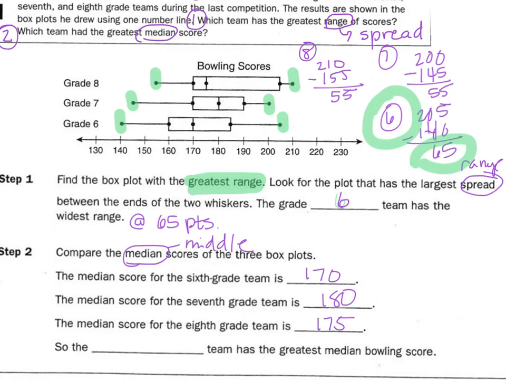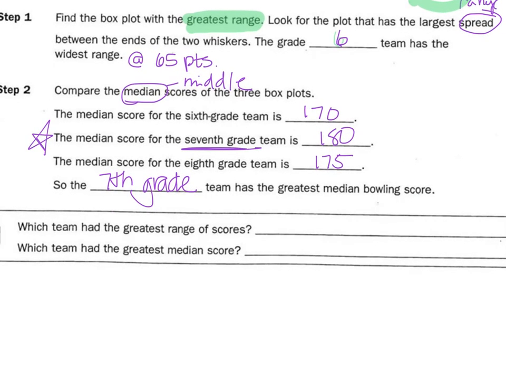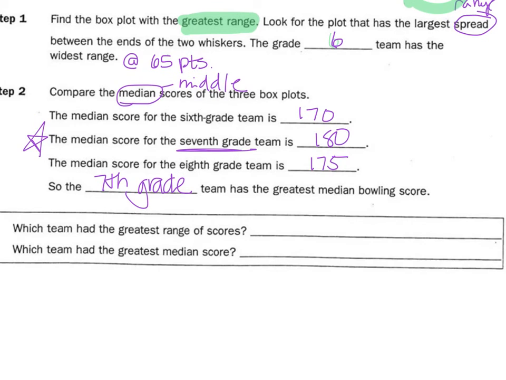So from this, we can answer this question. Which team has the greatest median score? It'd be the 7th grade team. So to sum up our questions, we're just going to fill in the blanks. Which team had the greatest range of score? That would be the 6th grade team, and the other one will be the 7th grade team.